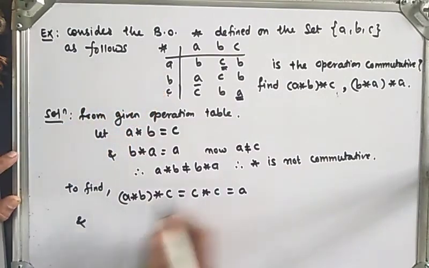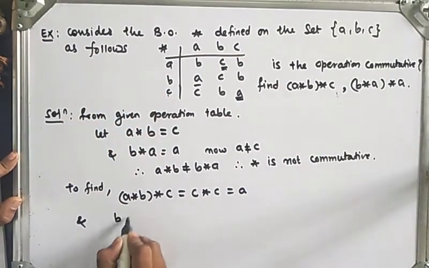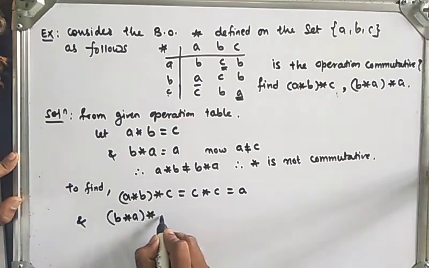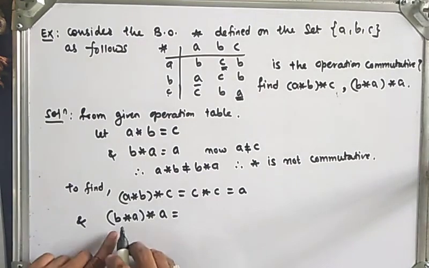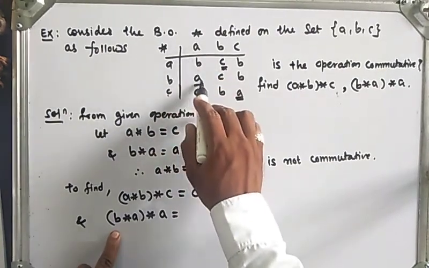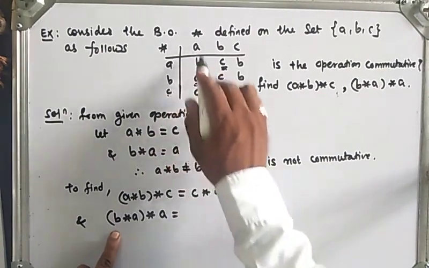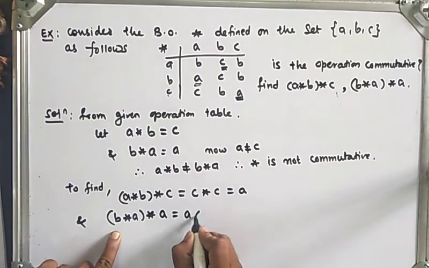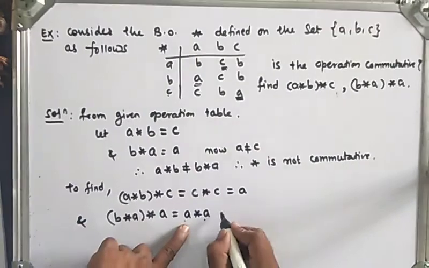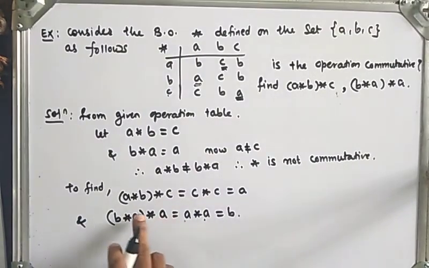And next, to find the value of (b star a) star a, is equal to, so b star a, so b and a, the intersection of these two, we get value a, so b star a has value a, with again a, so a star a has value b. So these are the values from the composition table we have been given.